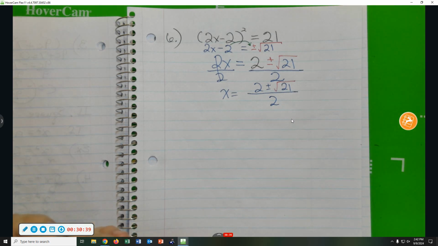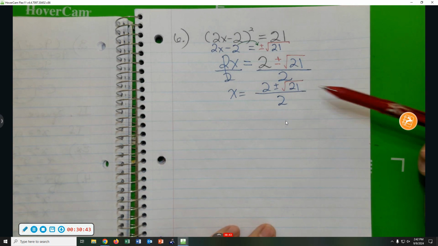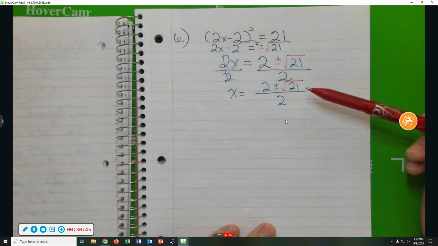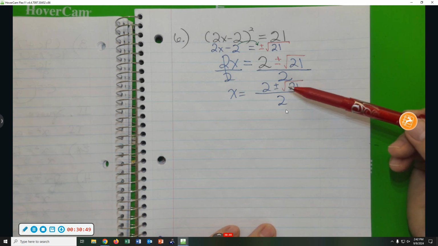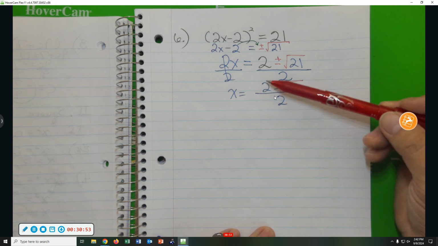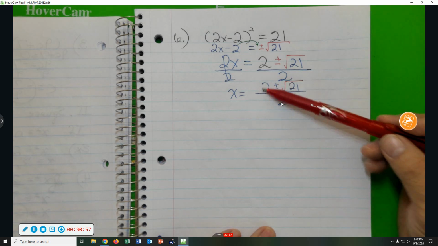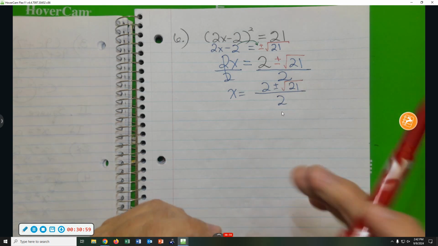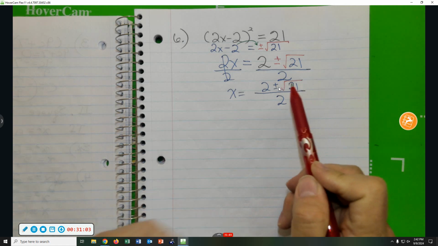Now, there are 2 different approaches for reducing fractions in this form. If there were an i here, then we saw that in homework assignment number 2. If there had been an i on top, we'd have to split it up and cancel individually. That's if there's an i. If there isn't an i, you look at the 3 numbers outside of the radical.